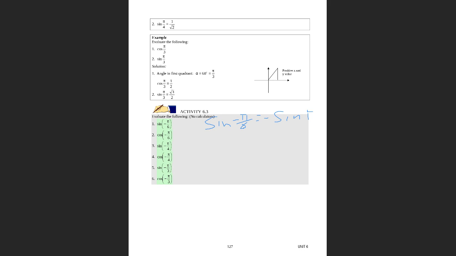Then pi over 6 is already a special angle, so you can easily find sine pi over 6. So here, when they give you negative pi over 6.